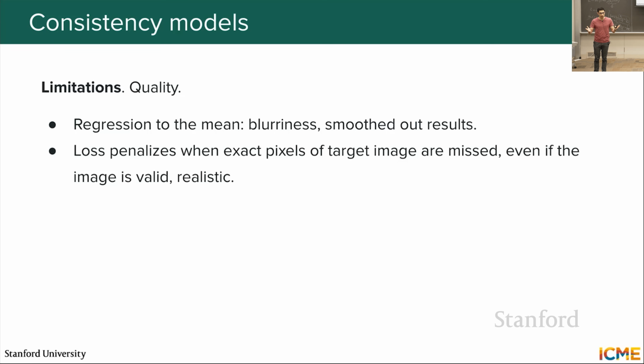And one thing that you see when you have this L2 style regression loss is a regression to the mean, where images don't look as crisp as you would like. And GAN solves this. So let's see if there is some adversarial objective that we can introduce here to make it better.